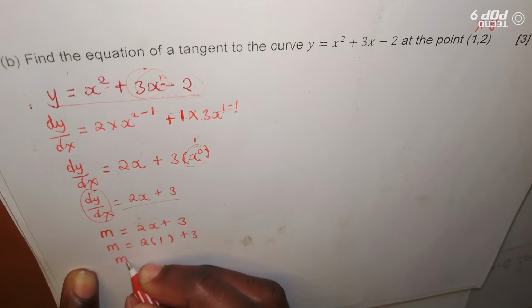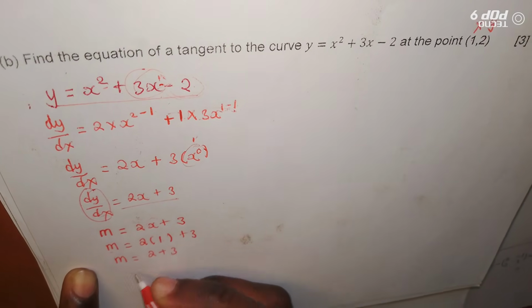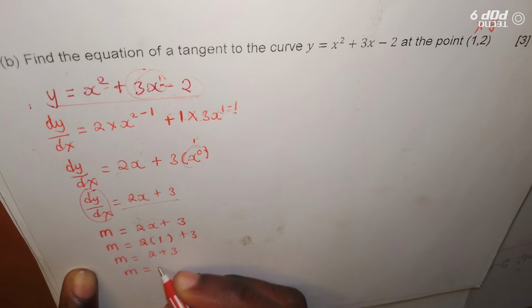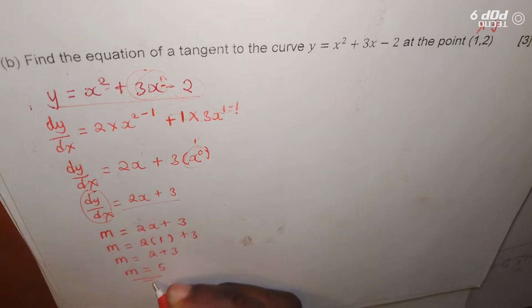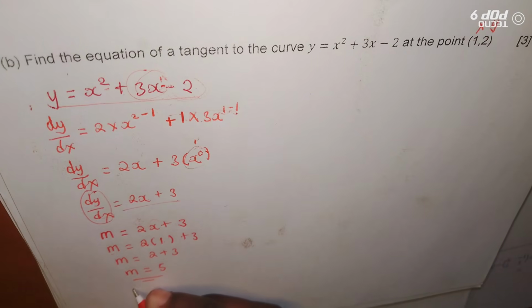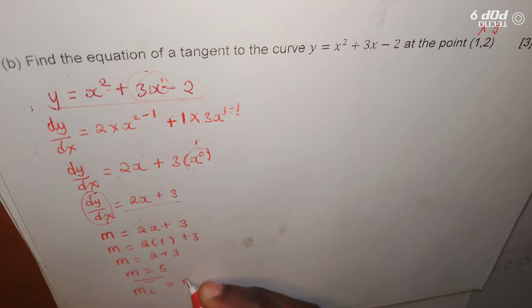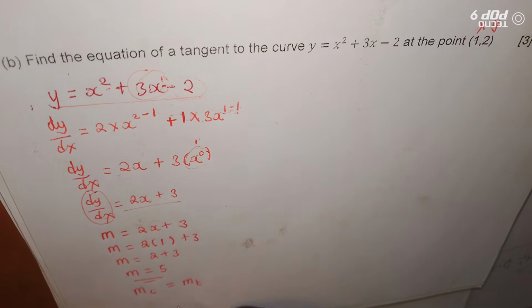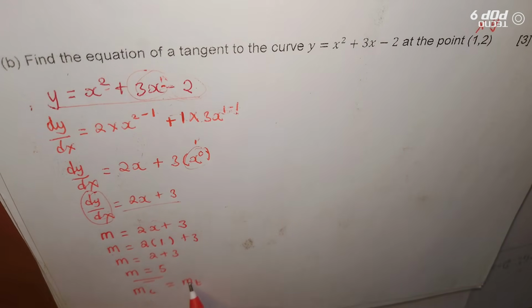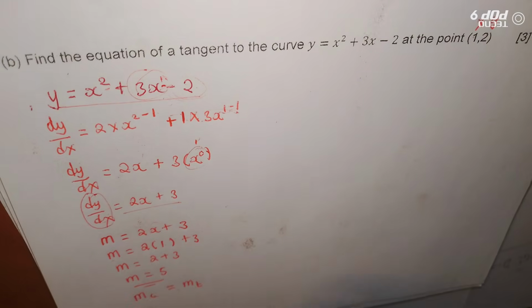So m is equal to 2 times 1, that is 2, plus 3, meaning that the gradient is equal to 5. Mind you, we should know that the gradient of a curve is equal to the gradient of a tangent.